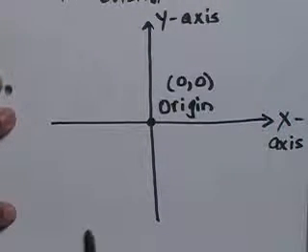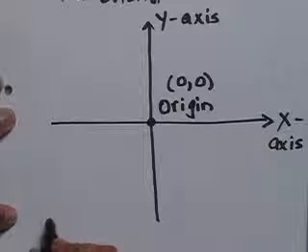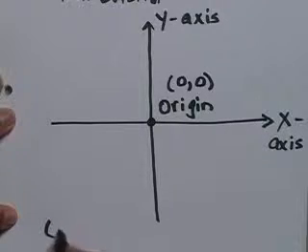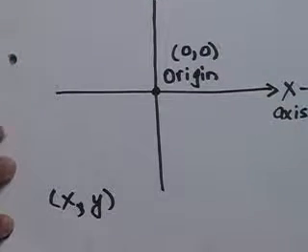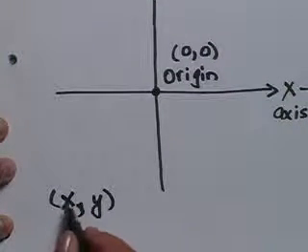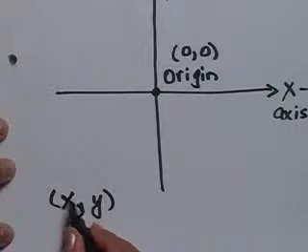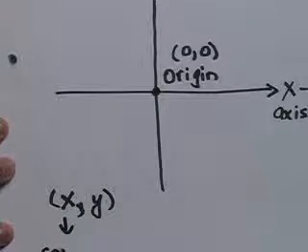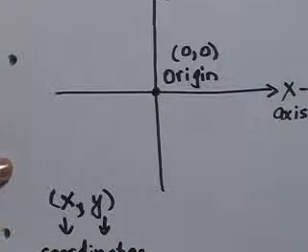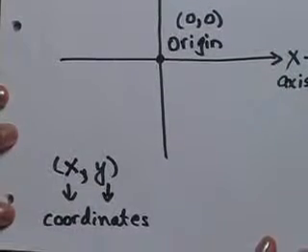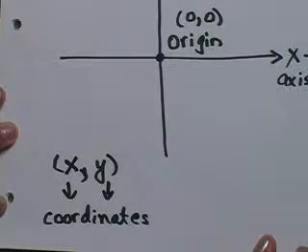When you write an ordered pair, by ordered pair we mean this form here: your first value always represents the x value or the x coordinate, and of course the second number or the y value represents the y coordinate.